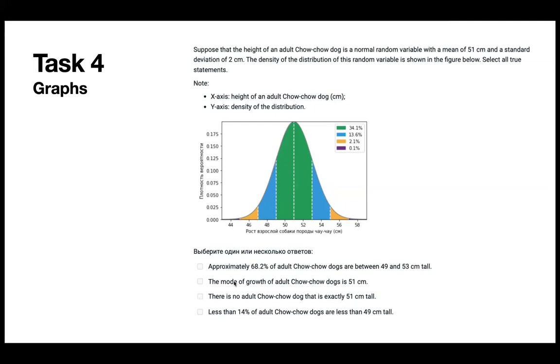The mode of growth of adult Chow Chow dogs is 51 centimeters. Yep, it's also true. As we said earlier, the mode is here in that chart. Next, there are no adult Chow Chow dogs that are exactly 51 centimeters tall.